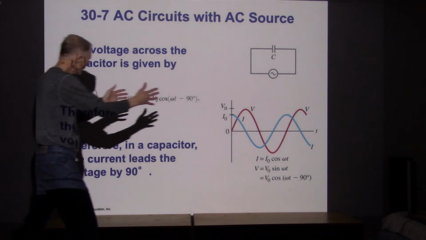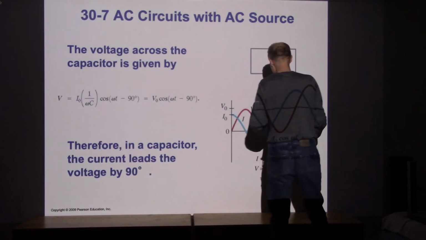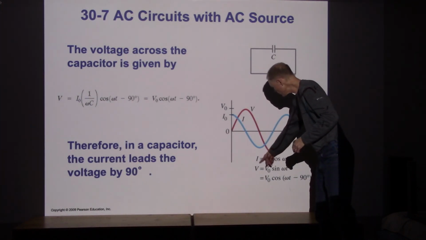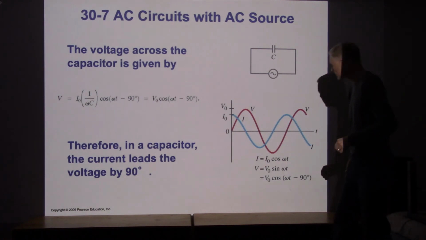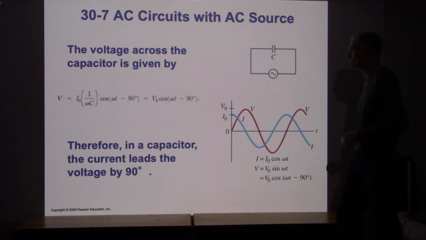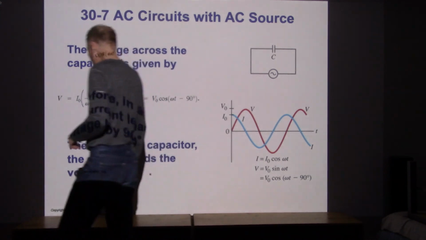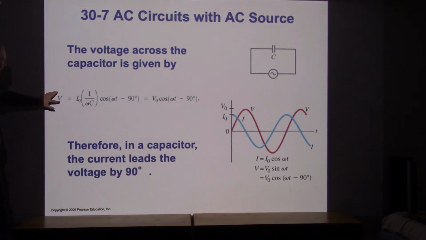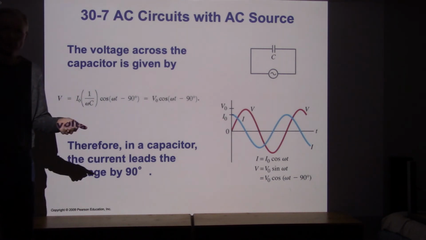If we go through, again, I guess we want to go back and do the same thing we did with the inductor. Again, we're going to use the current as operating as a cosine function. Now, this time, when I try to find out what the voltage is, the voltage is going to depend on the charge, not on the current.